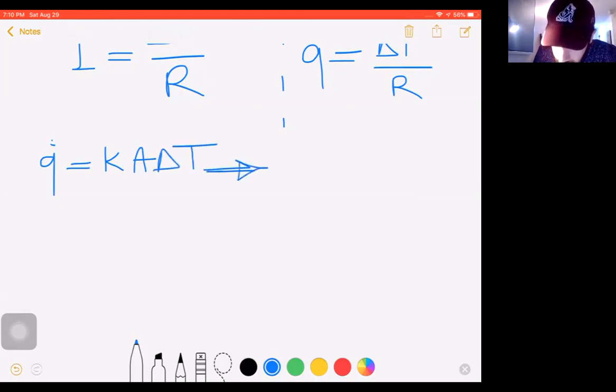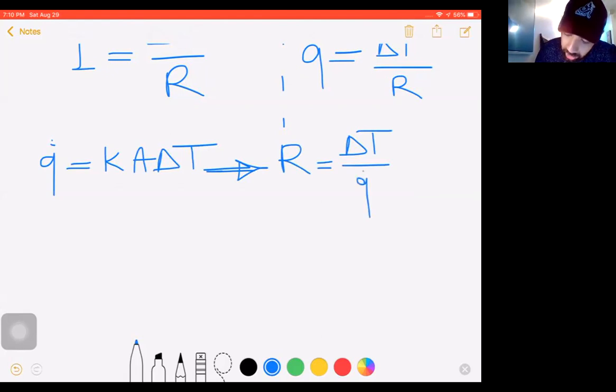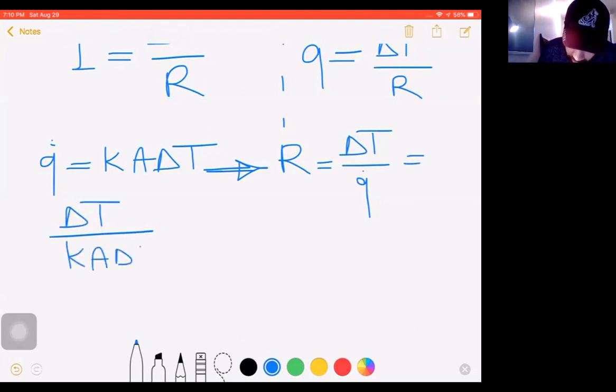And simply you can find the resistivity of conduction systems as temperature difference over Q, which is the heat rate. That would be equal to delta T over K A times delta T, which is equal to 1 over K A.